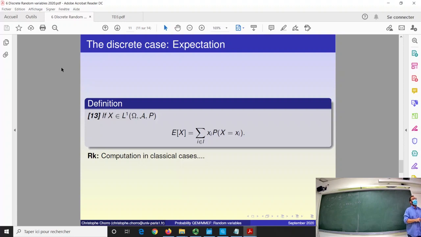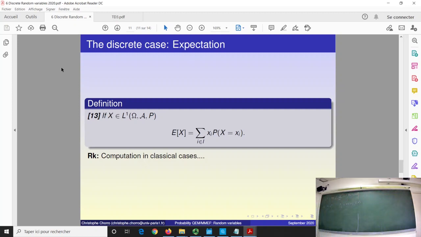So typically, for the Bernoulli, the binomial, the uniform, I will have finite sums, so no problem in order to be sure that they are finite numbers. The problem may occur when this one becomes infinite. Typically, in the case of the Poisson or the geometric, I will have to handle an infinite sum. So I have to say something, because an infinite sum is not always well defined.